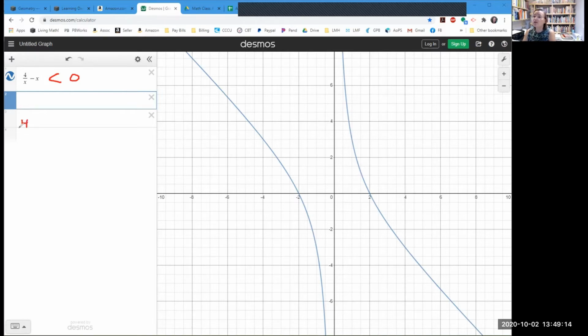And I get that using my 1.4 skills, where I turn that x into an x over x, which gets me to a common denominator. So this is 4 minus x squared over x, which would be 2 minus x times 2 plus x, over x.